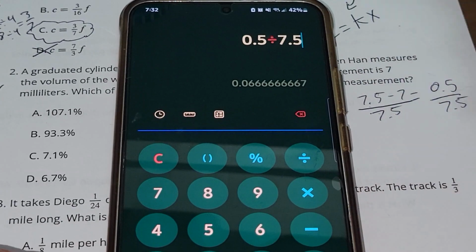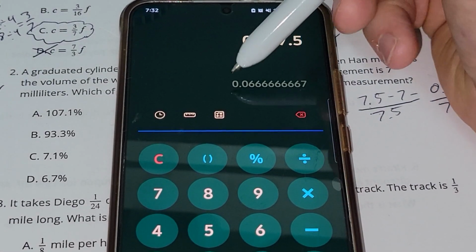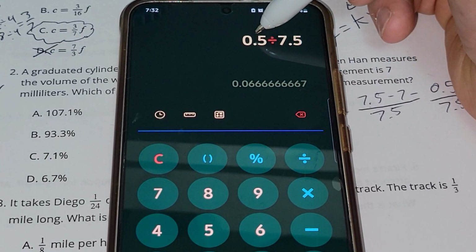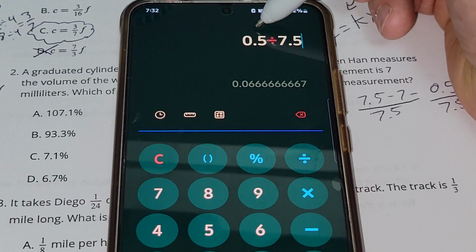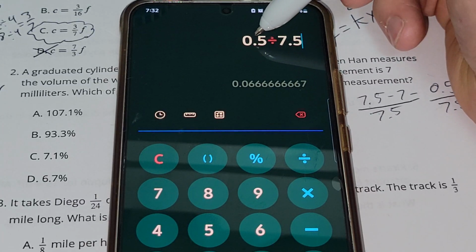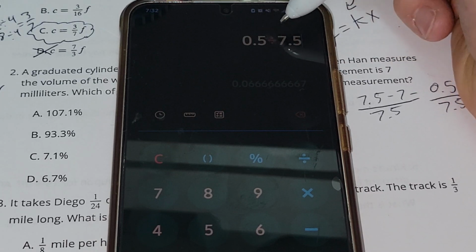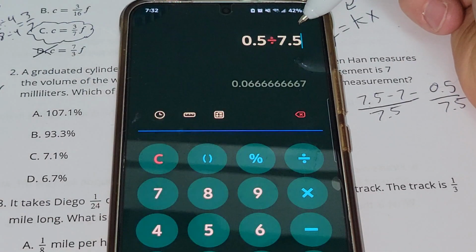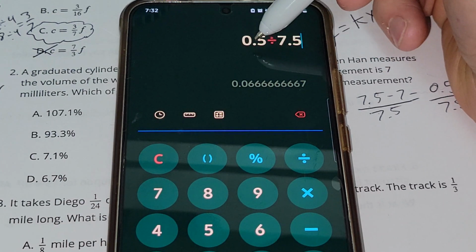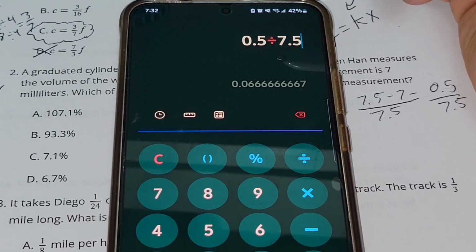I paused the video there for a second because I caught a typo. I could tell that the answer wasn't right, so I didn't get this decimal typed very well the first time, and we have to be careful with calculators, so that's why I'm talking about this in the video. I accidentally did 5 divided by 7.5, and that gave me the wrong answer, so we have to be careful with the decimals when we're typing.